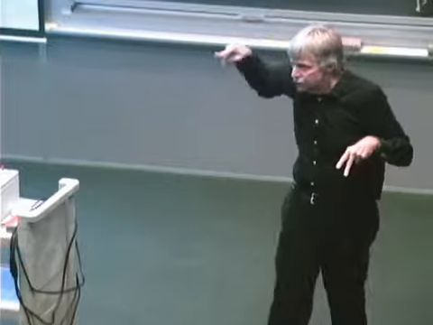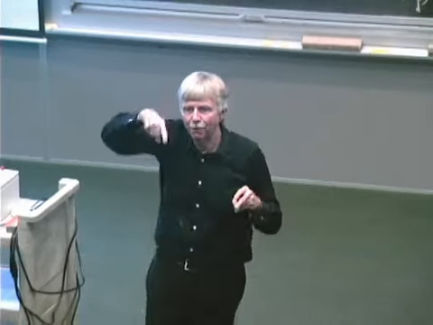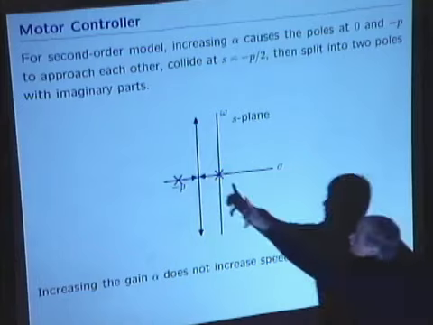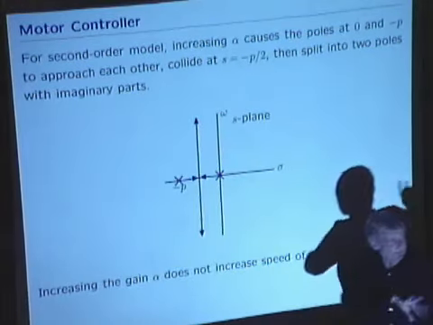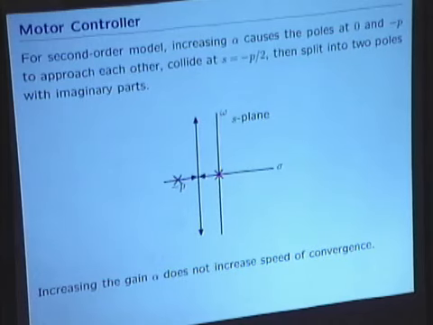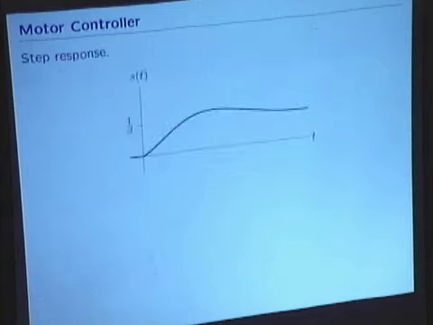That didn't change. What did change was the bumps, how many bumps there were in the 2 seconds, and that's what the theory says. Because the real part of the pair of poles doesn't change, the envelope doesn't change, but because the imaginary part does change, the oscillation frequency does change.